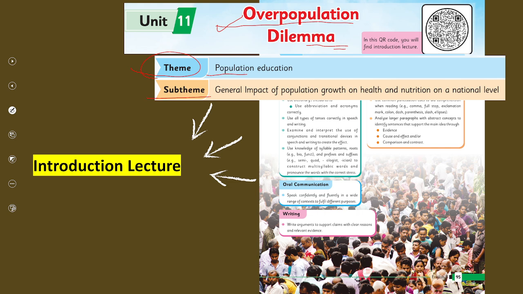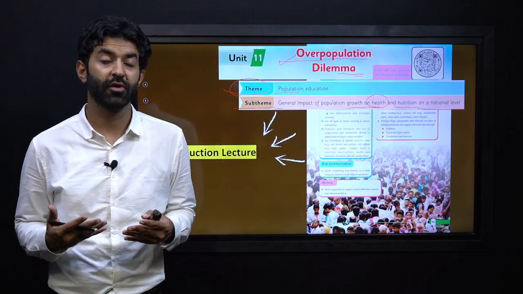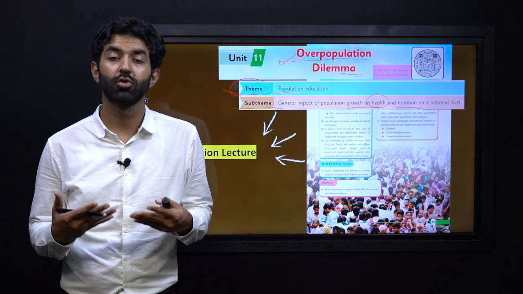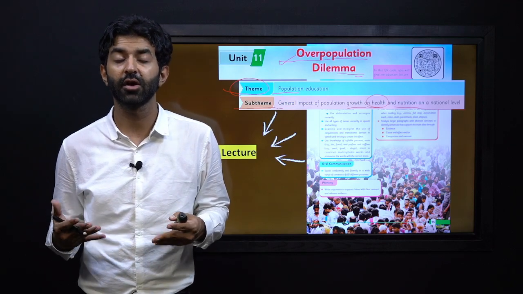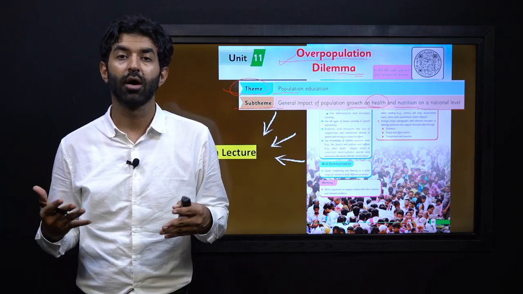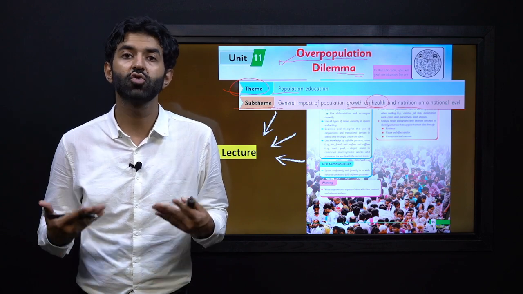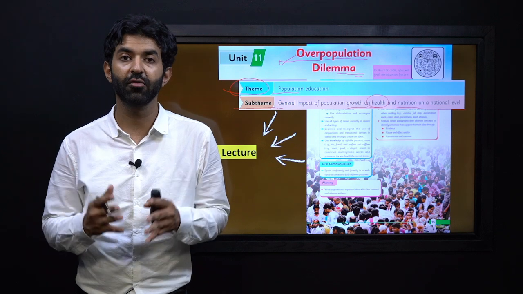The sub-theme that we are following is called general impact of population growth on health and nutrition on a national level. Of course, overpopulation affects your health, it affects nutrition, and it generates so many other problems. So it's a very big factor.